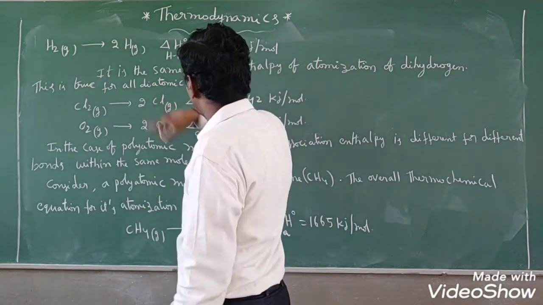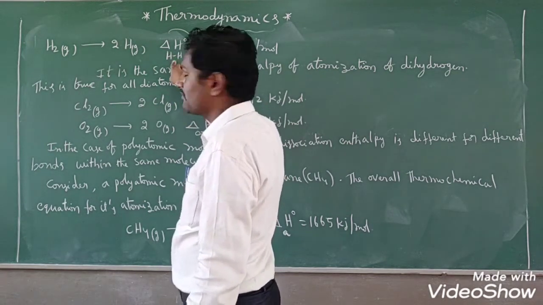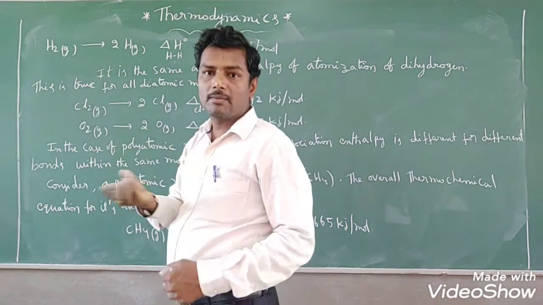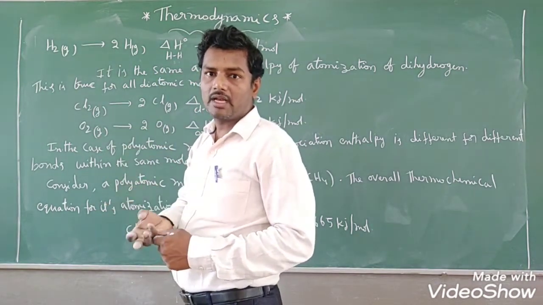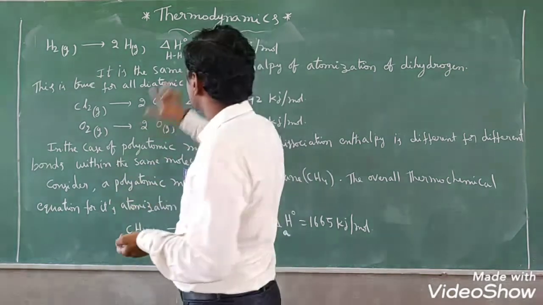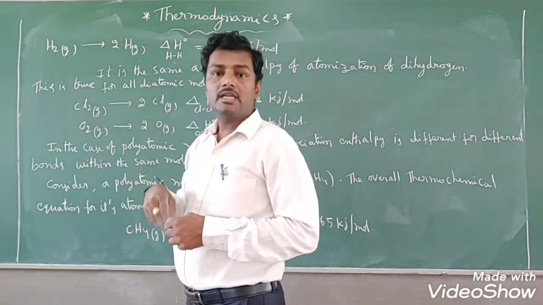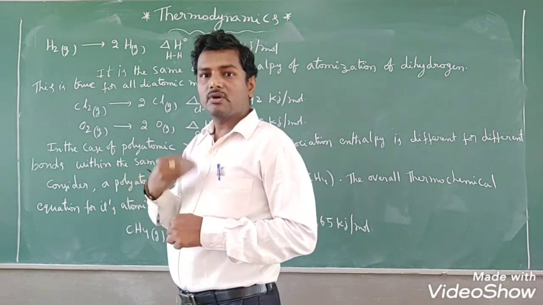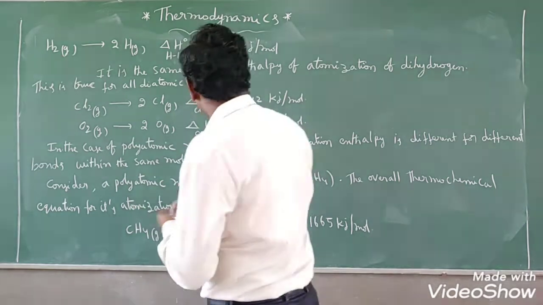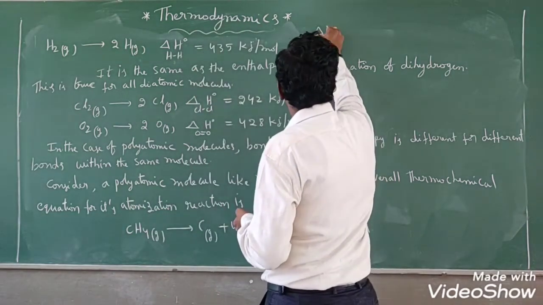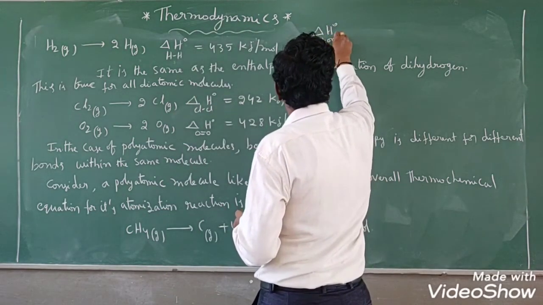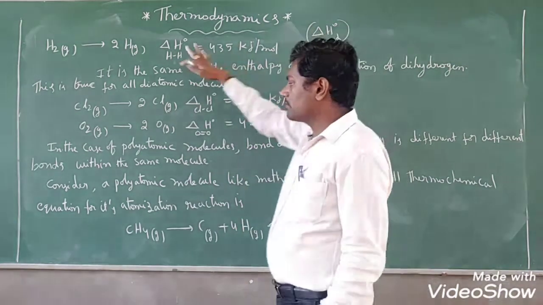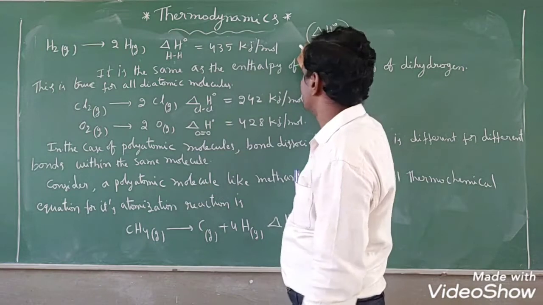We have to represent it as delta H naught bond, but in the case of diatomic molecules, you can use H-H, or O double bond O, or N triple bond N. In the case of polyatomic molecules, we cannot represent all the bonds like this, so we represent it with delta H naught bond. Not only for polyatomic molecules, in the case of diatomic molecules also we can use this term.